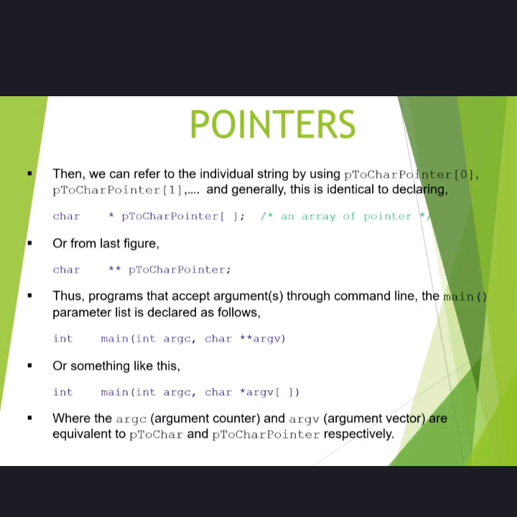Thus, for programs that accept arguments from the command line, the main function parameter list is declared as follows: int main(int argc, char **argv), where the argument counter and argument vector are equivalent to ptoChar and ptoCharPointer respectively.